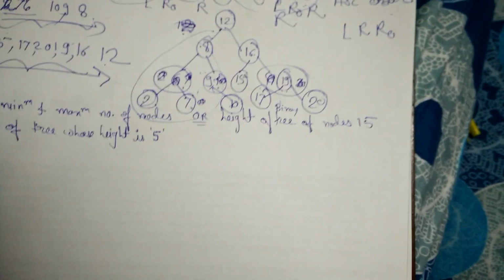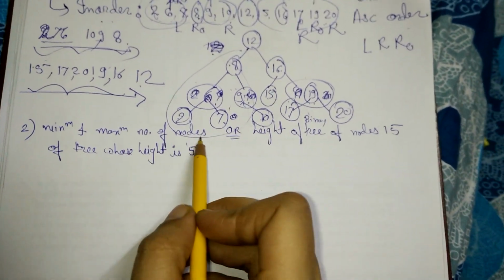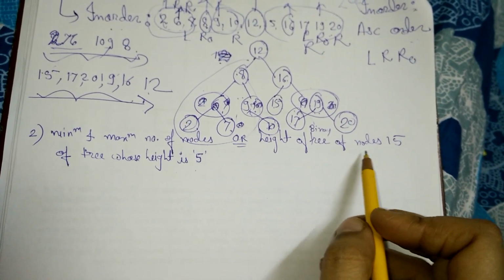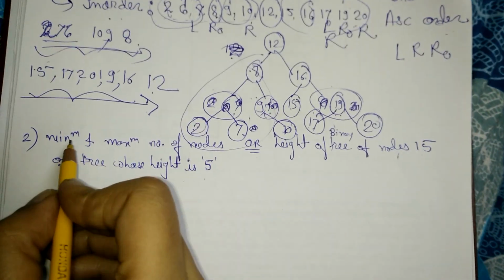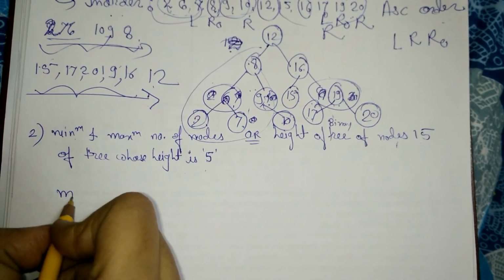The next type of question that can be asked on the binary search tree is: what is the minimum and maximum number of nodes of a tree whose height is 5, or what is the height of a tree having 50 nodes? Now we have a formula for this.